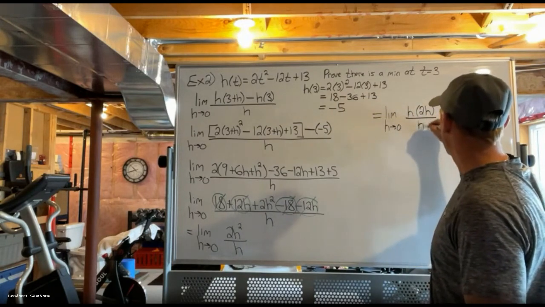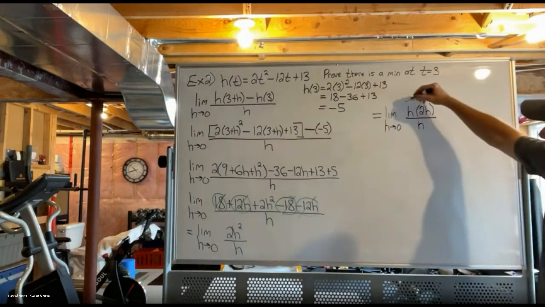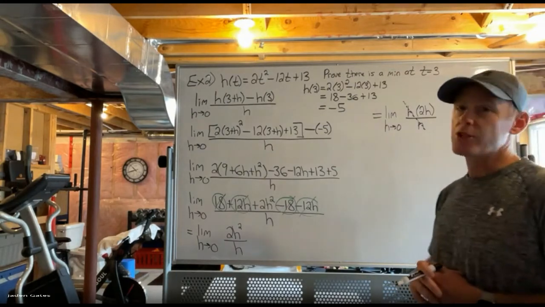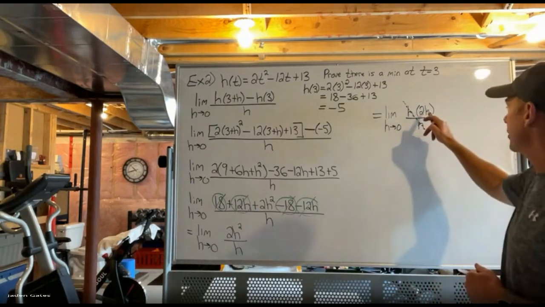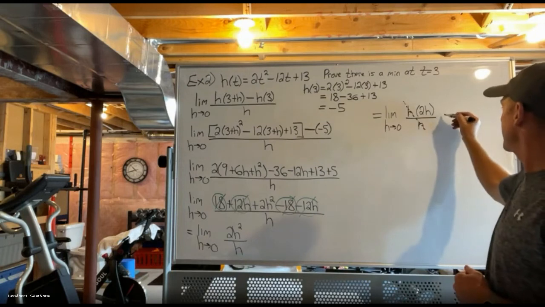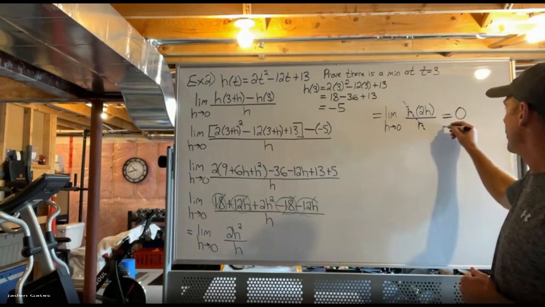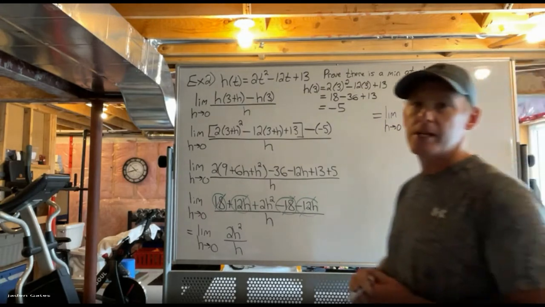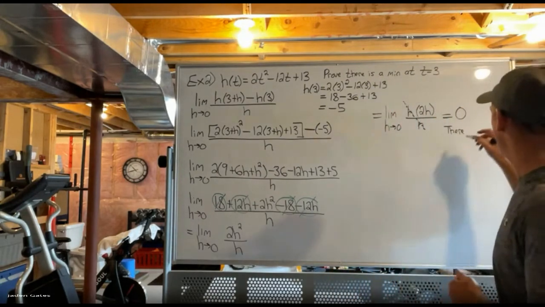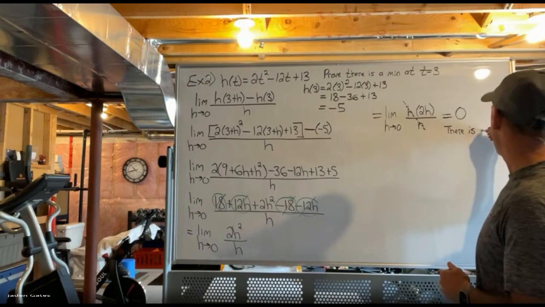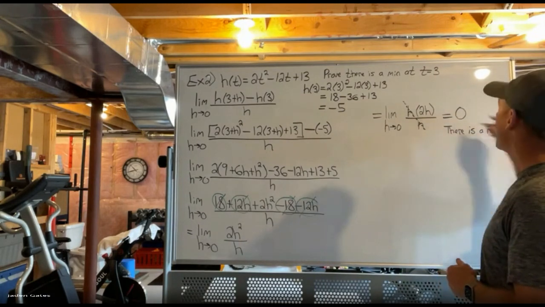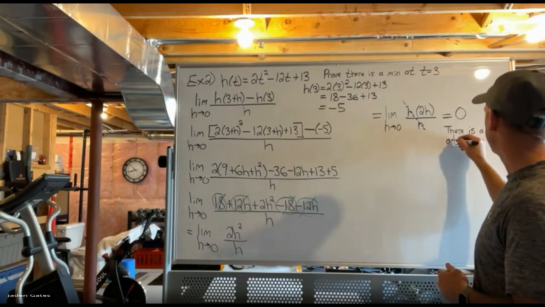All over h. And just as we did before, those h's divide each other out. And now I don't have that denominator of h in there. And so I can plug a 0 into 2h. Well, 2 times 0 is 0. And that just means the instantaneous rate of change at that point is 0. So therefore, there is a max or a min at t equals 3.